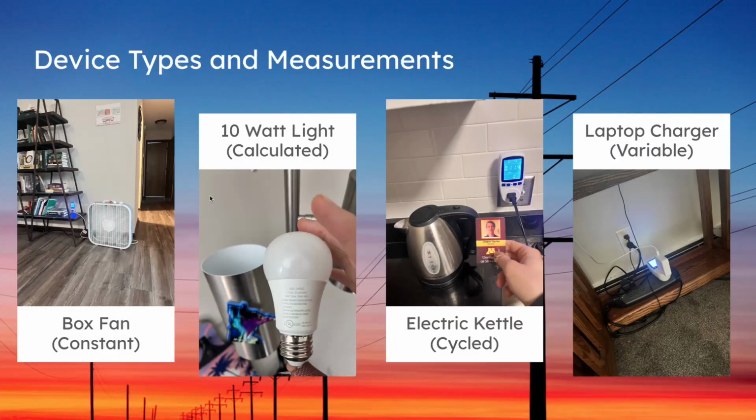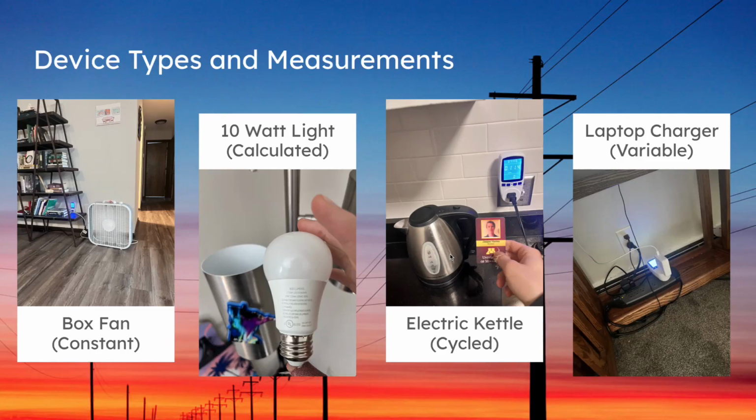So here's a breakdown of the 4 different measurement types that I used with an example of each. A constant energy source is the box fan, which simply uses the same amount of electricity, so I could just measure that based on the wattage that was listed on the meter here. The light I calculated based on the wattage that was listed on the light bulb, which was 10 watts, 10 times 3 for 3 bulbs.